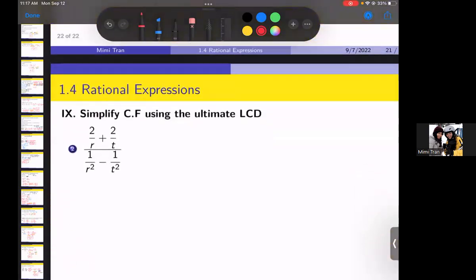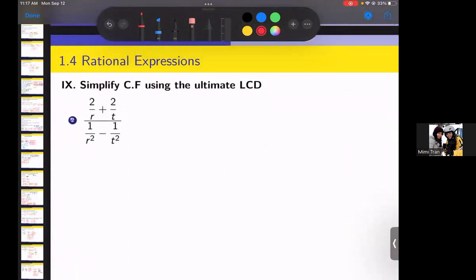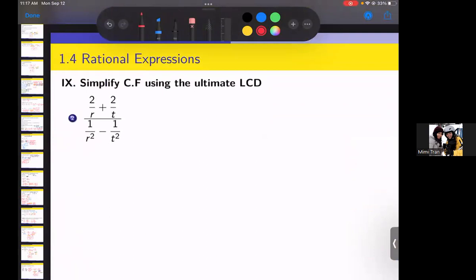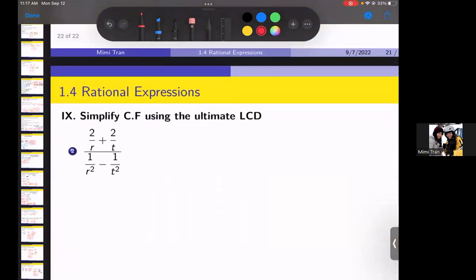Let's do one more and then you tell me which one you like, either by division or by the ultimate LCD. Same procedure. I'm gonna account for the LCD for the little denominators. Don't look at the numerator. Nothing to do with the LCD. Between r squared, t squared, what's my LCD?